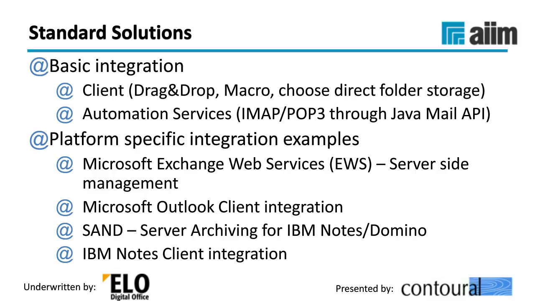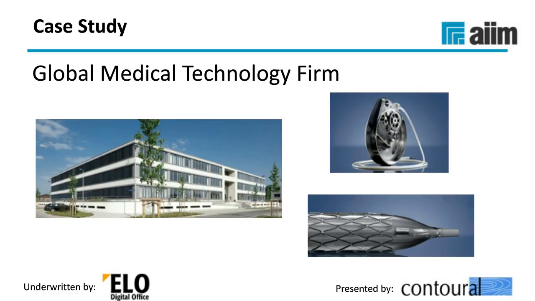Right? For those of you out there using IBM, there are certainly solutions, and for other types of email solutions, client server solutions, there are different methods and different ways to set up integration into different content management environments as well.